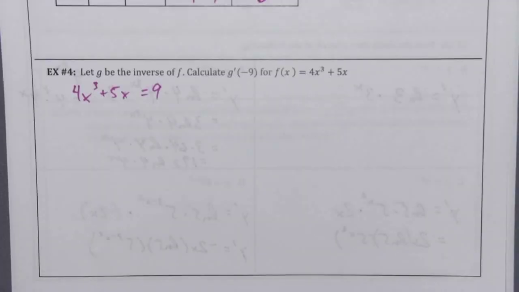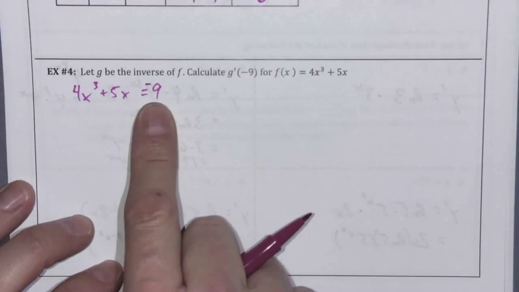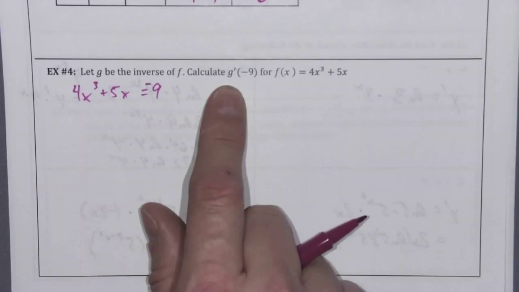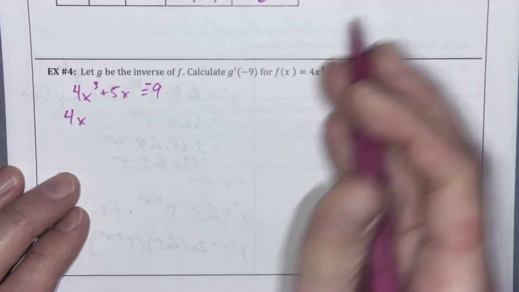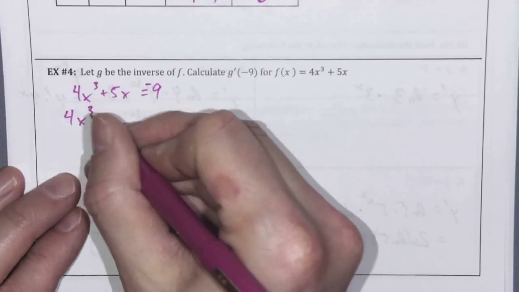I think I'm just talking in circles; I'm saying the same thing. We want to make this guy our output for our first function because he's our input for the inverse. Anyway, what we've got to do is solve this, because if he is -9, we need to find the x value.